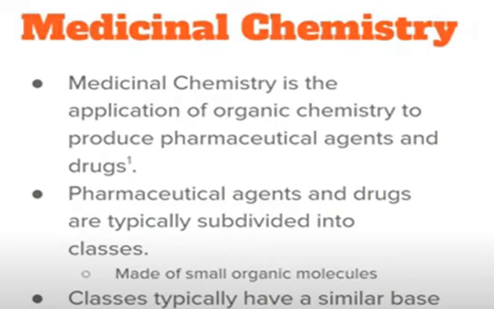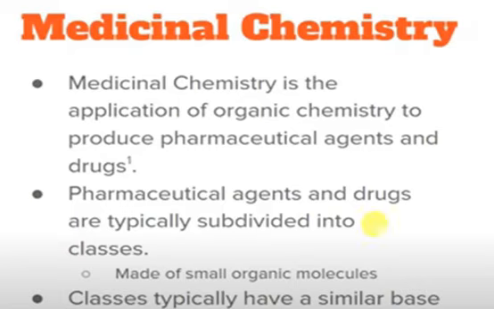So these pharmaceutical agents or drugs are divided into different categories, and these different classes are made up of small organic molecules. What do we mean by small organic molecules? That means molecules that have low molecular weight.